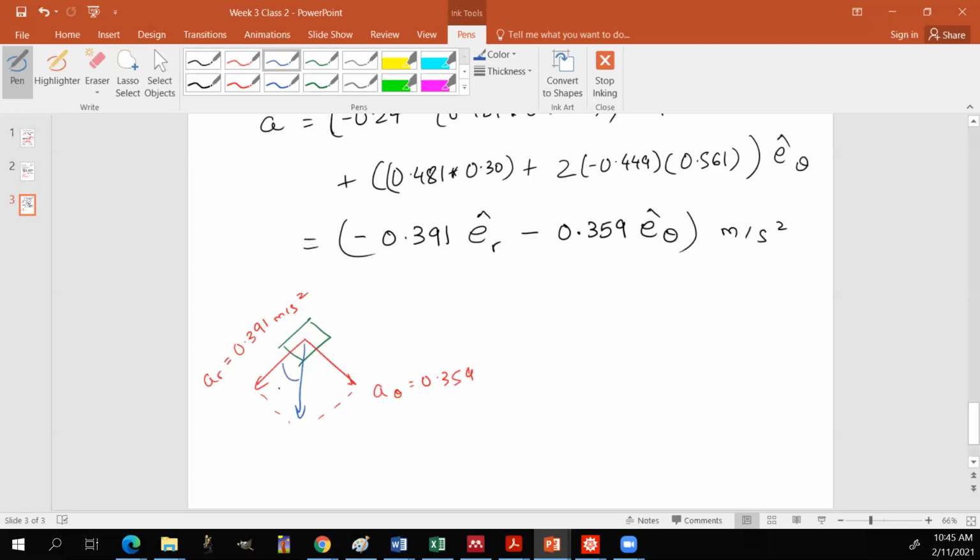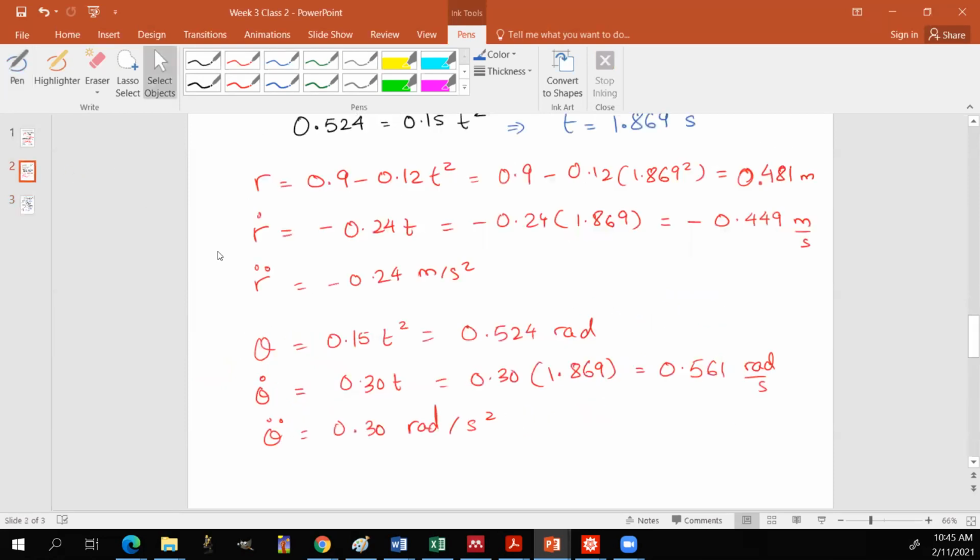Let's call this one gamma. The magnitude of the acceleration is the square root of 0.391 squared plus 0.359 squared. Guys, we're going to go 2 minutes over. Just bear with me. Which is equal to 0.531 meters per second squared, and then gamma turns out to be equal to 42.6 degrees, the tangent inverse of things.